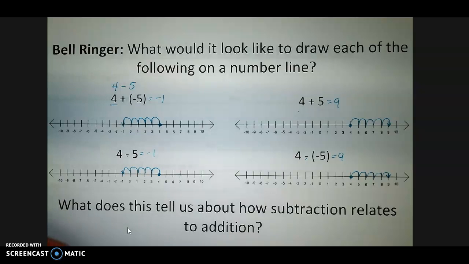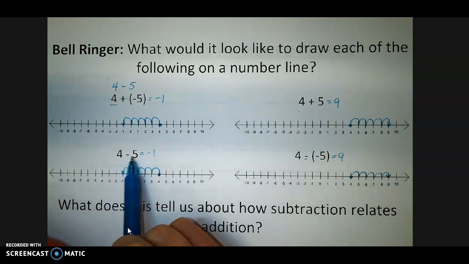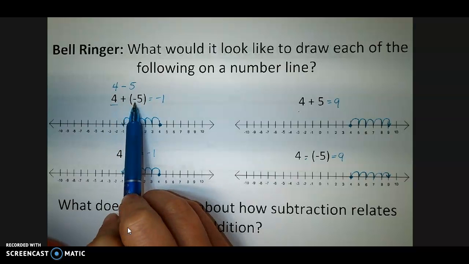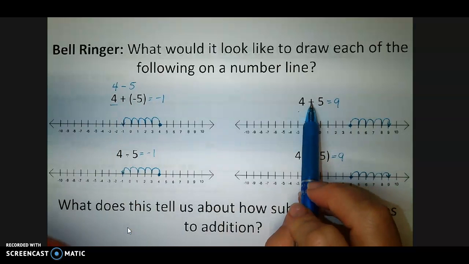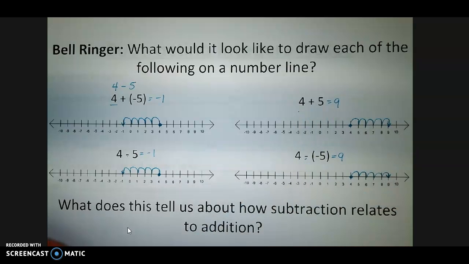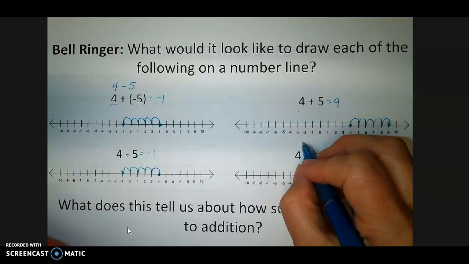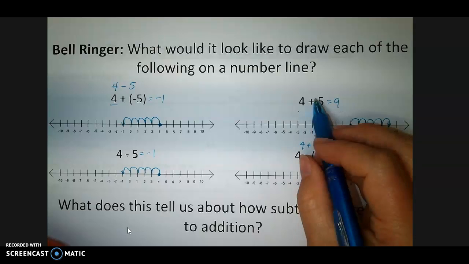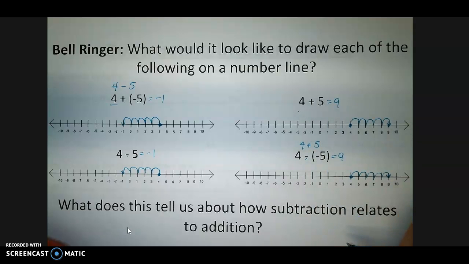So we see that if I'm subtracting a number, it's the same as adding the opposite. If I'm adding a number, it's the same as subtracting the opposite. And so what you'll find is that these are the same, that they're interchangeable.